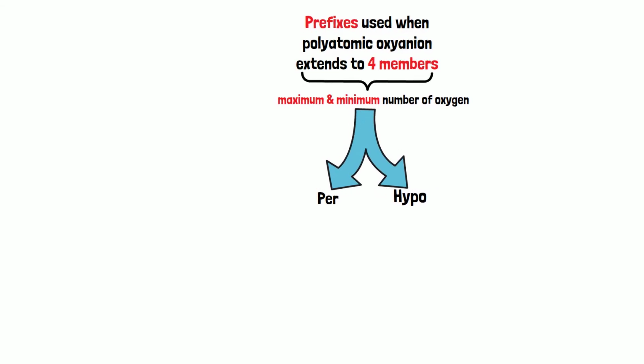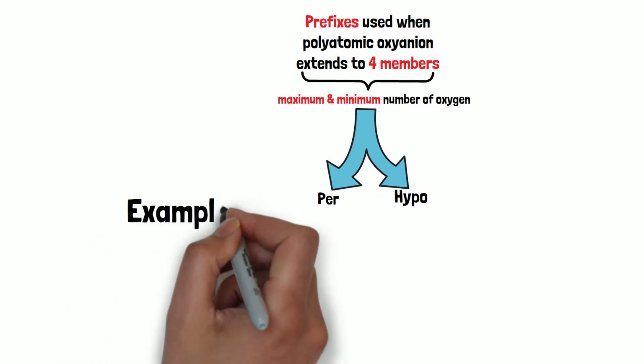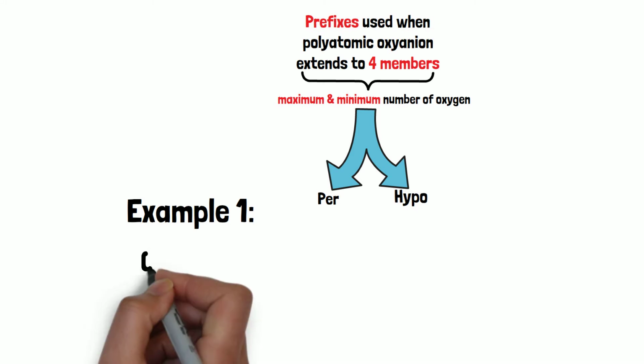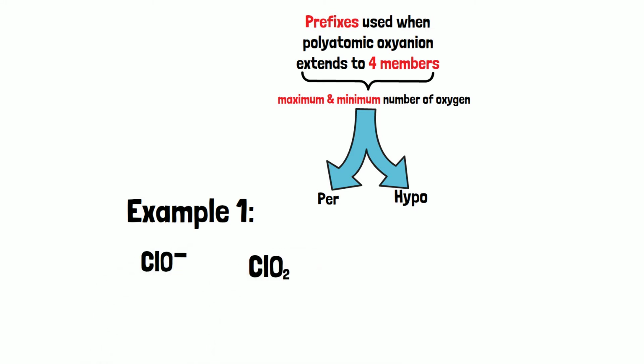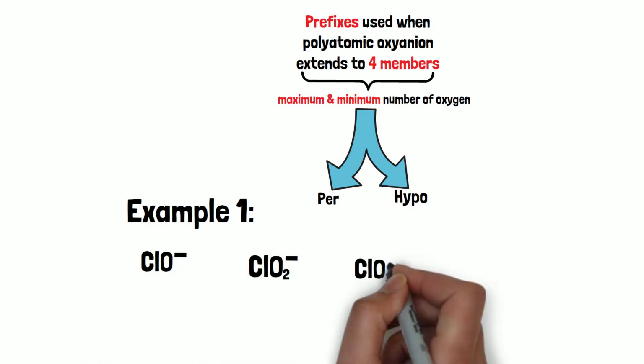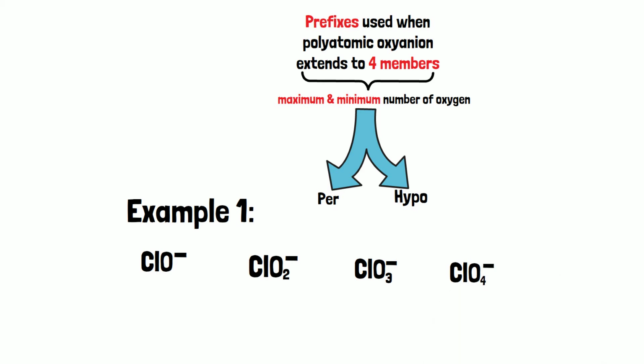With that in mind, let us look at 4 different polyatomic ions: ClO-, ClO2-, ClO3-, and ClO4-.